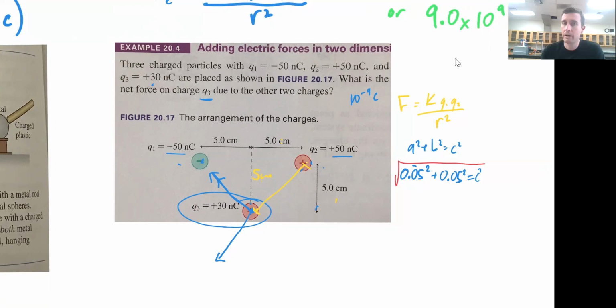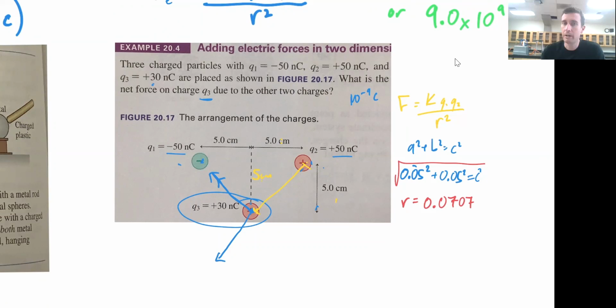So the distance, the radius, or the distance between them, is going to be equal to 0.05 squared times 2, and then take the square root of that, 0.0707, or 7.07 centimeters.